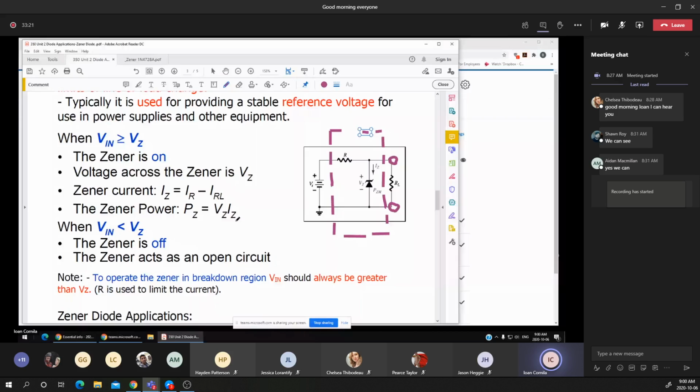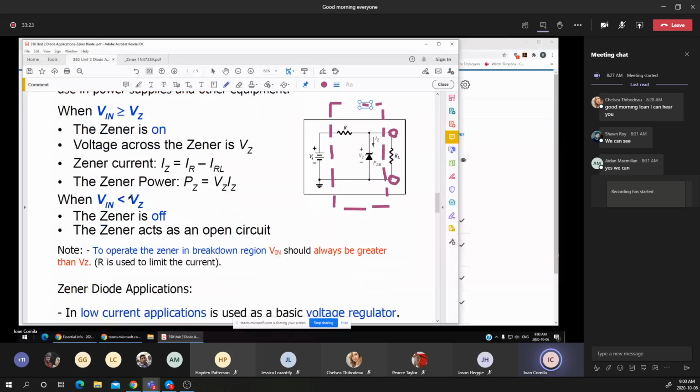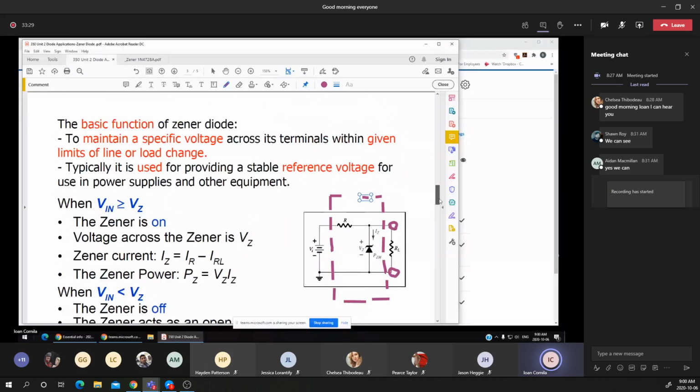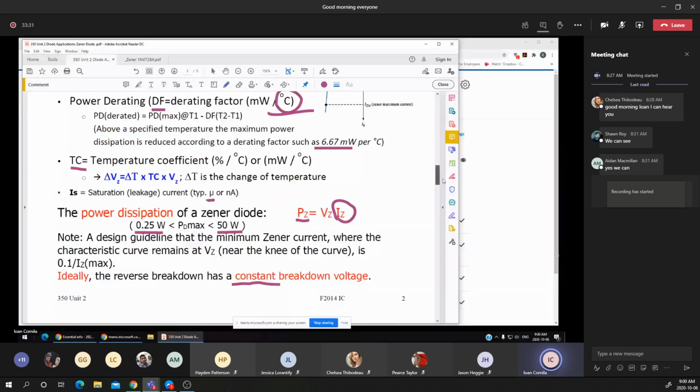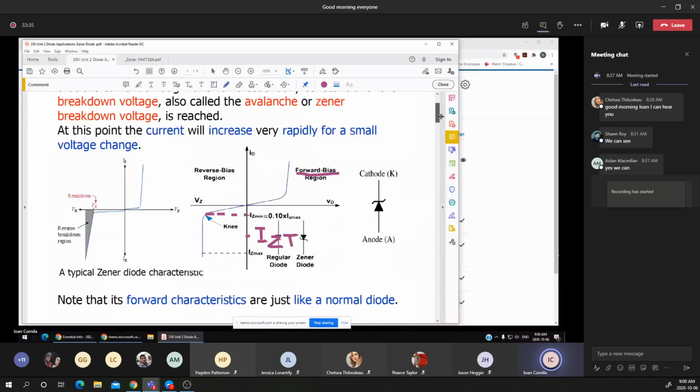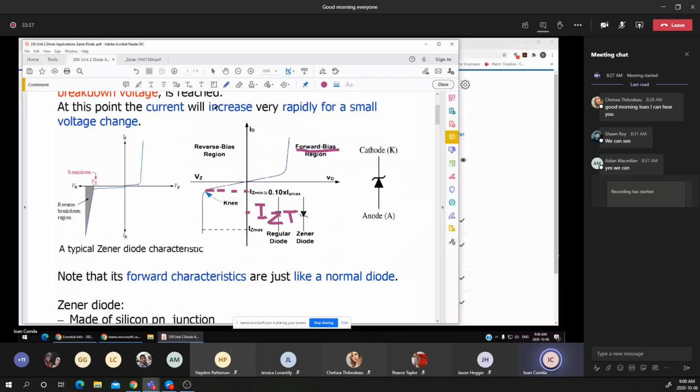If the voltage is less than VZ, now I'm going back to the diagram of the diode. Let's try to clean up this diagram and make those actually two regions on the reverse bias.